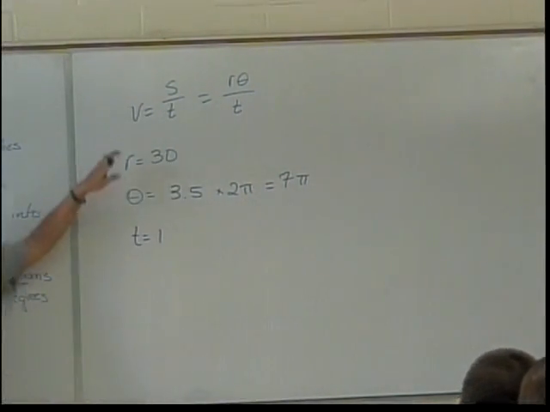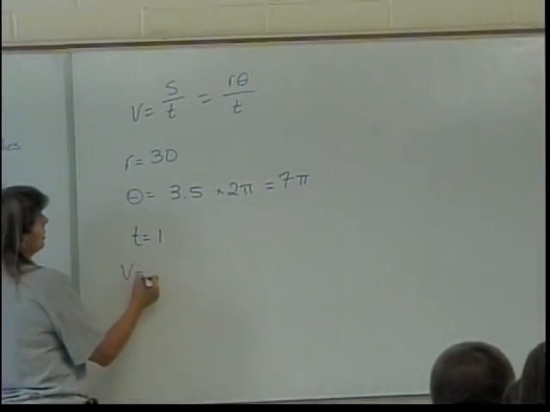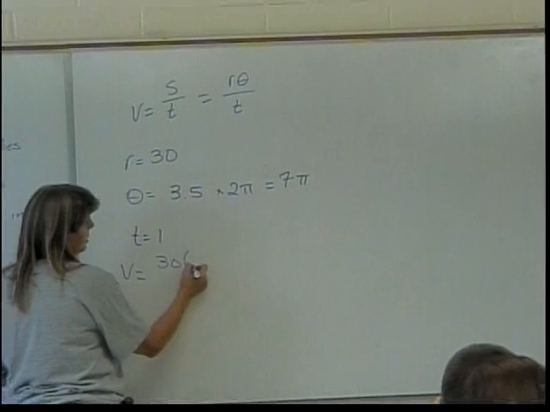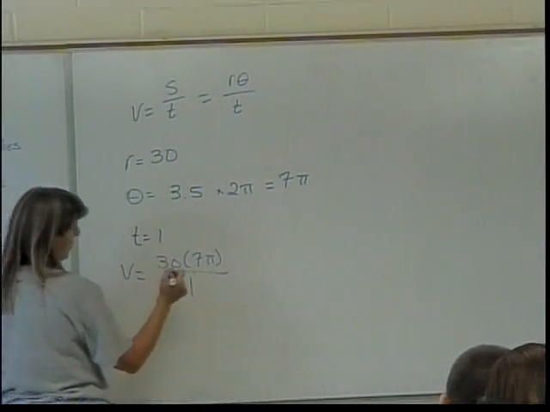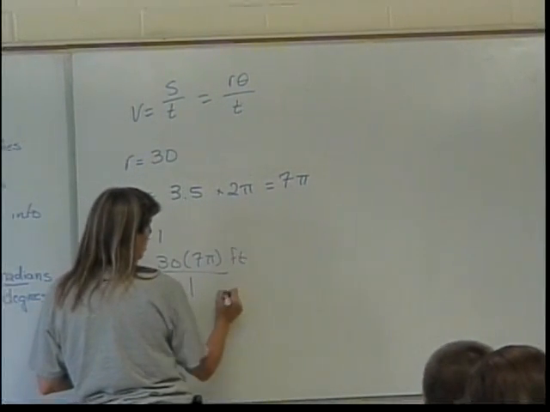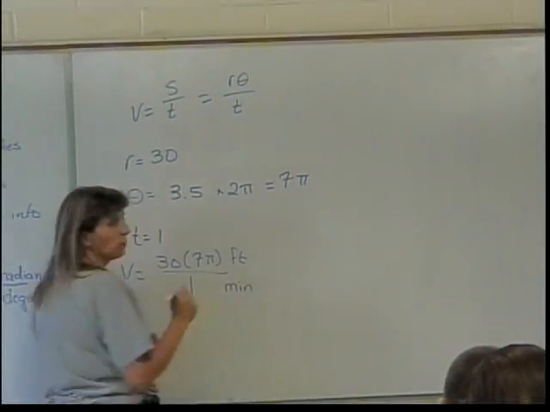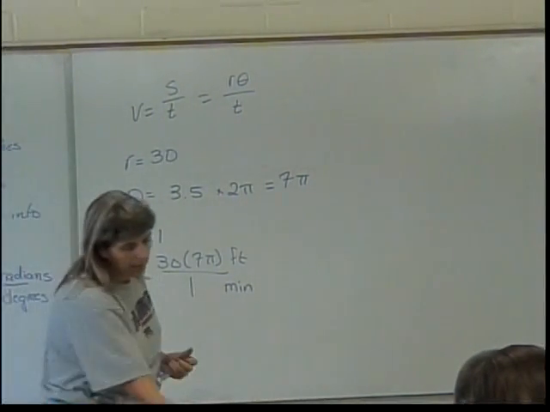So now I can put this into my formula, and I'm going to get that V is equal to 30 times 7 pi divided by 1, and is that feet? Yes, this is feet per 1 minute, because that's what happens in 1 minute. So what is that?